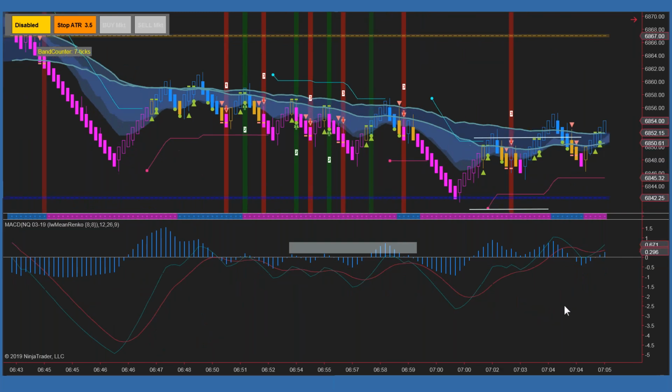Got a little bit of heat on the trade as it comes back here now toward the 0 line. And again, anytime the MACD is flip-flopping around the 0 line, you could use your extreme price as a guide. So this is where the MACD made the extreme.